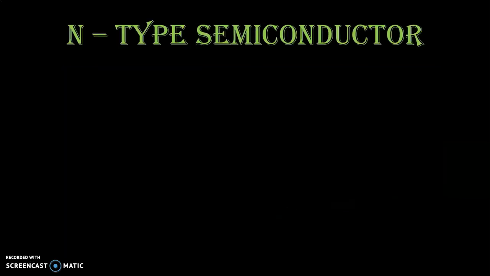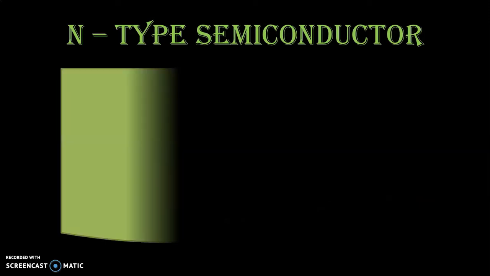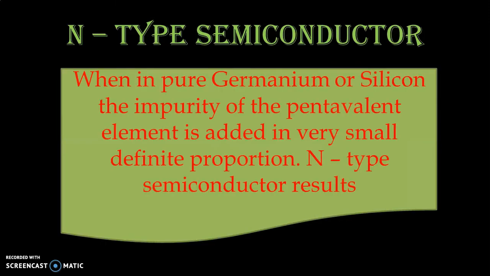Now let us understand what exactly we mean by n-type of semiconductor. When in pure germanium or silicon, the impurity of the pentavalent type of element is added, for example phosphorus, arsenic or antimony, in very small definite proportion, n-type semiconductor results.